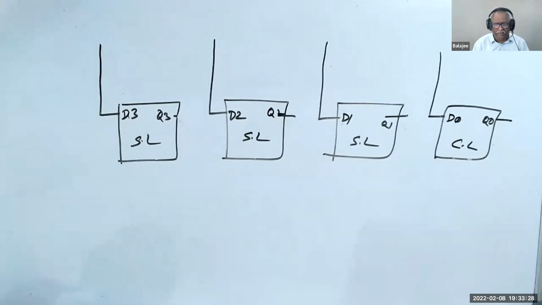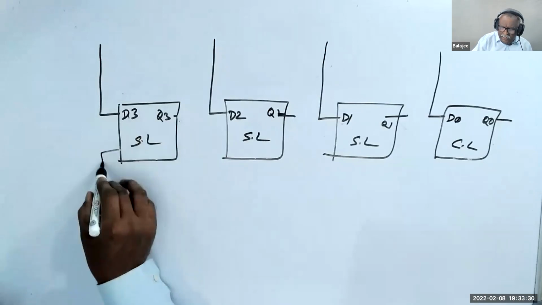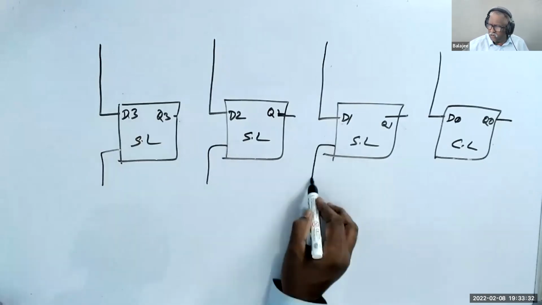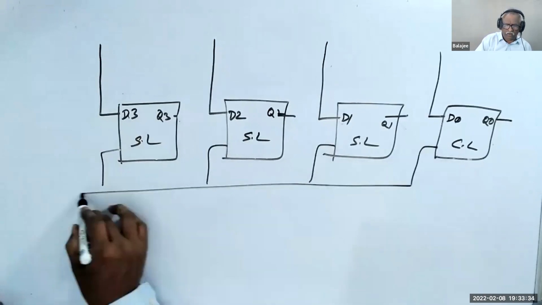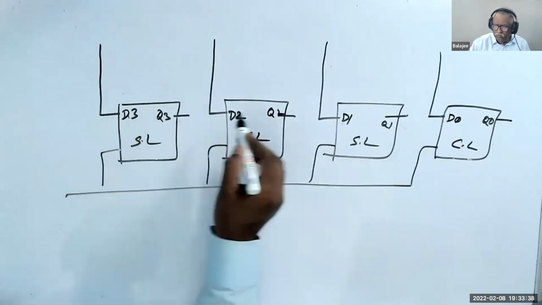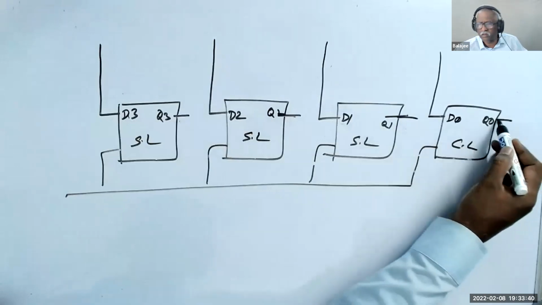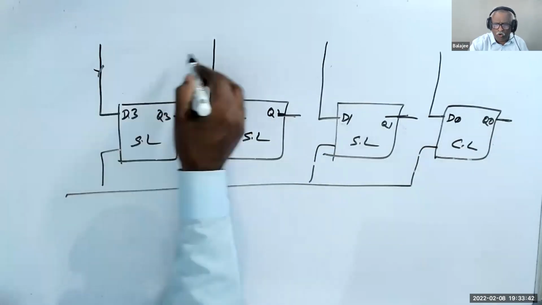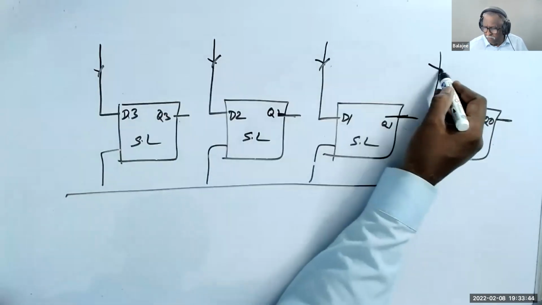Now, what is happening is, if I give a C here, the input will come to the output. This is called parallel load. This is called parallel in.